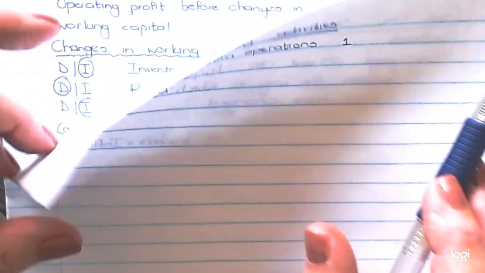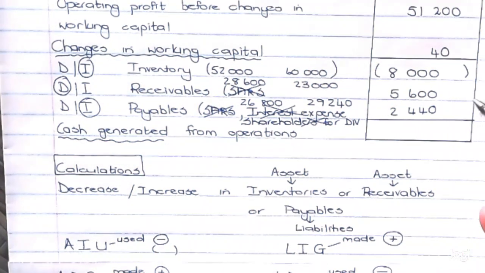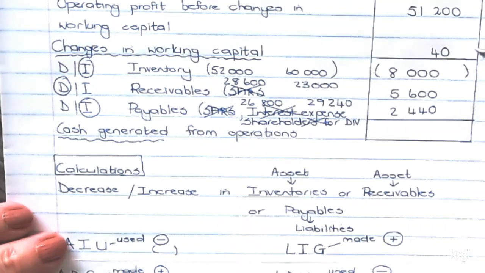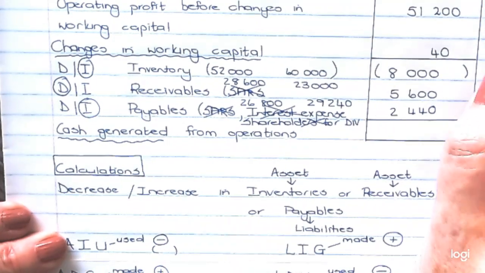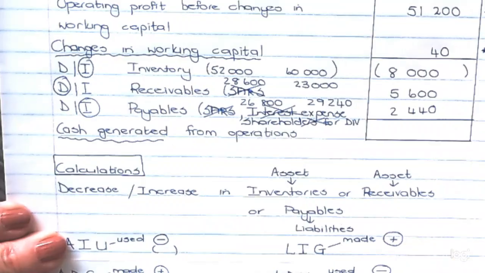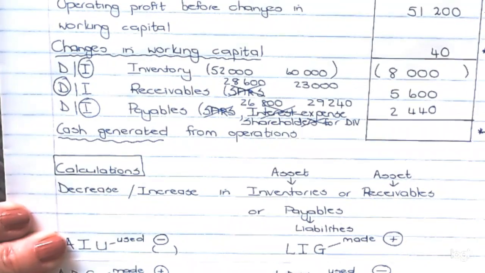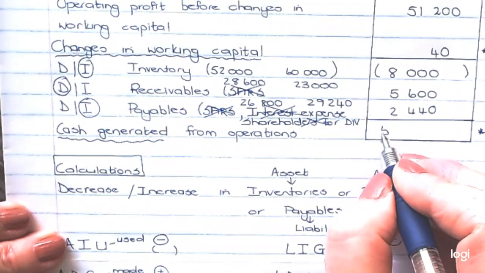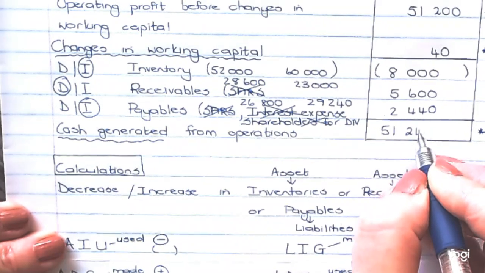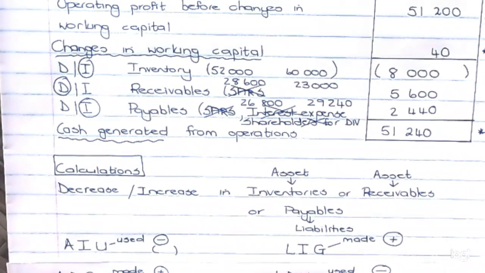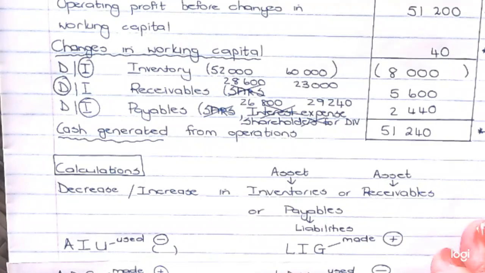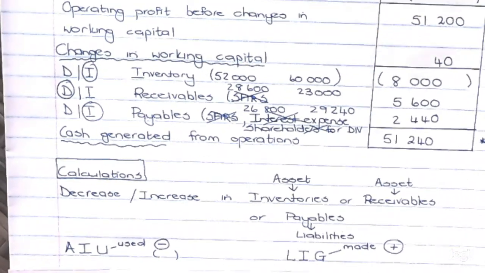Here we have the 51,200 plus the 40. That is now this one and this one. That will give me that answer, and that answer is 51,240. This, guys, is the explanation and the calculation of note 1.